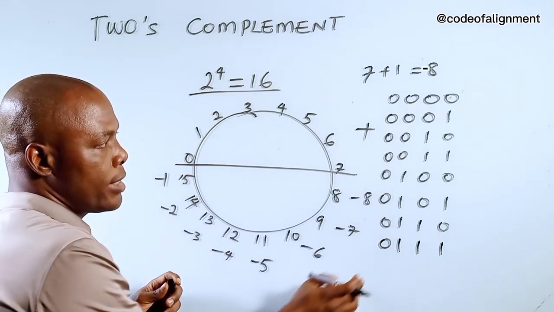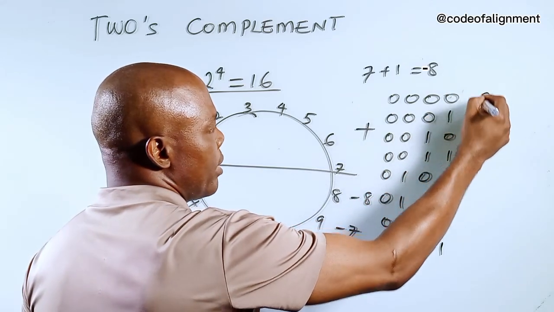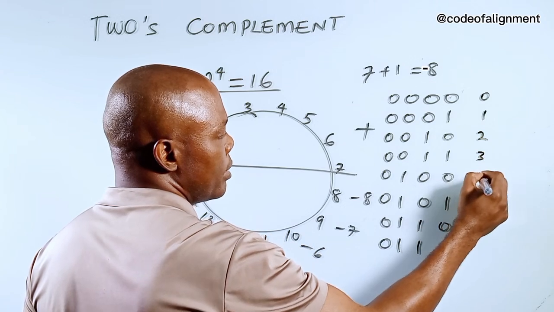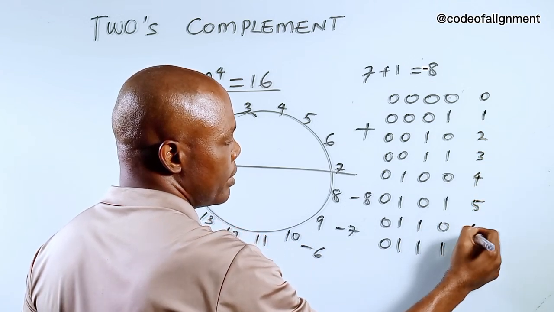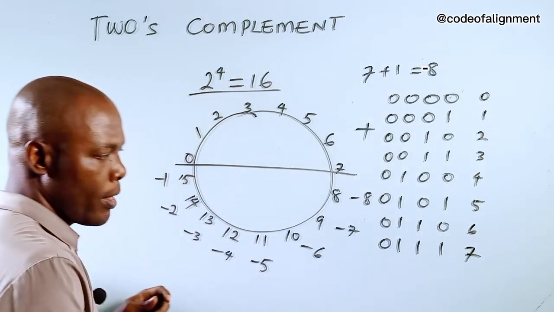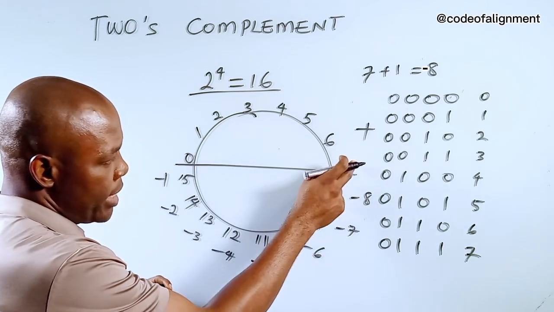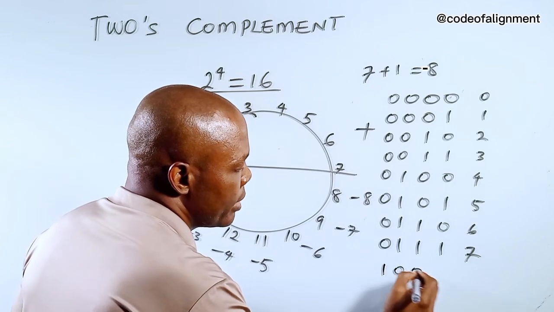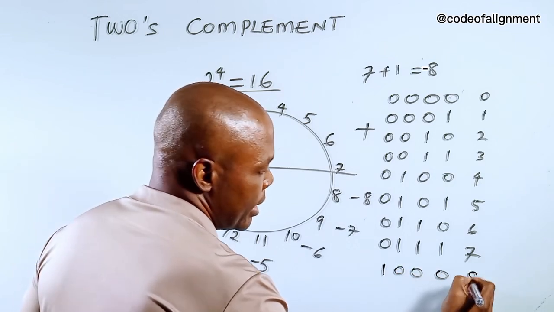Now, if you look, this is 0, this is 1, this is 2, 3, 4, 5, 6, and then this is 7. Now 8 will be 1, 0, 0, 0.